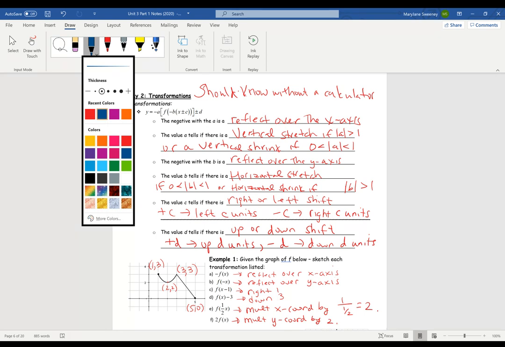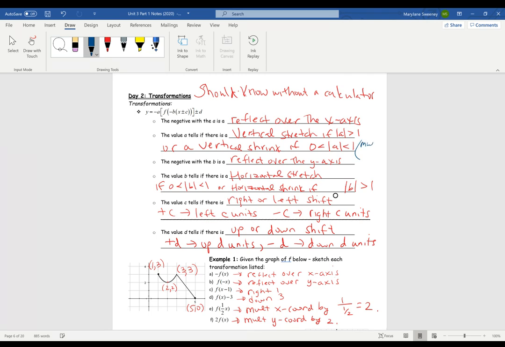When we have the vertical stretch, we also sometimes just say that's a multiply y's by the absolute value of A. And for the horizontal, we'll often say multiply x's by absolute value of 1 over B. So that's what actually happens when we do that transformation.